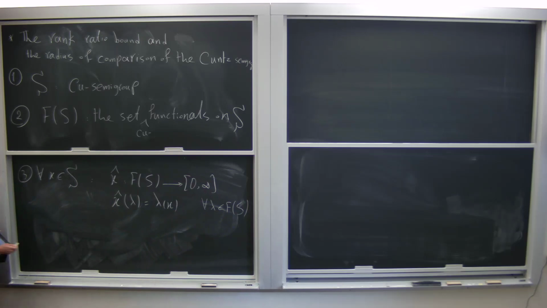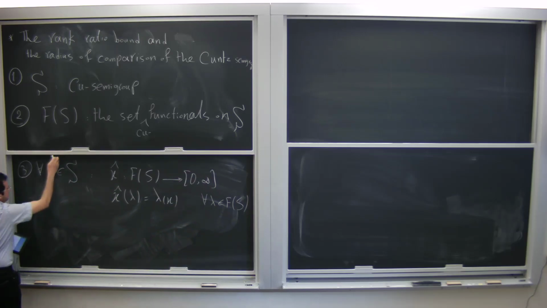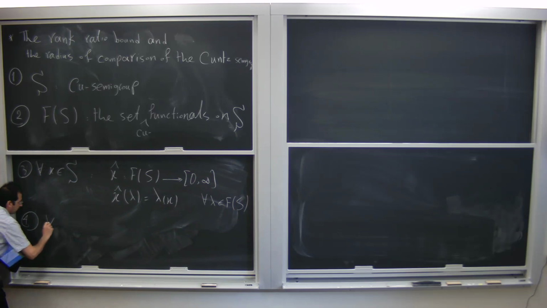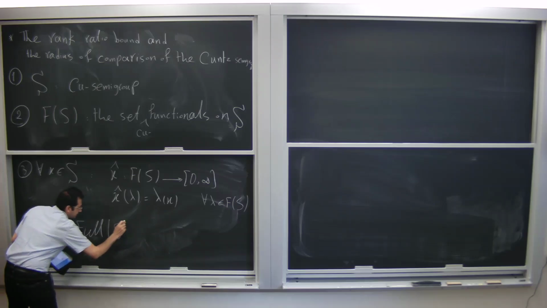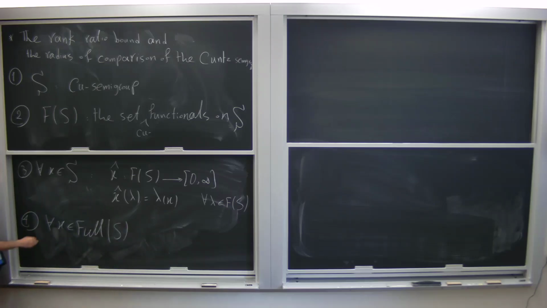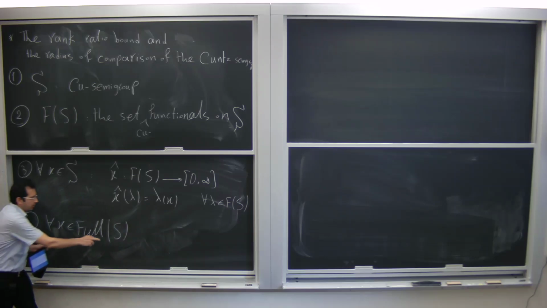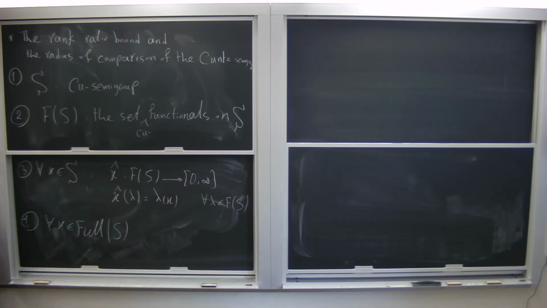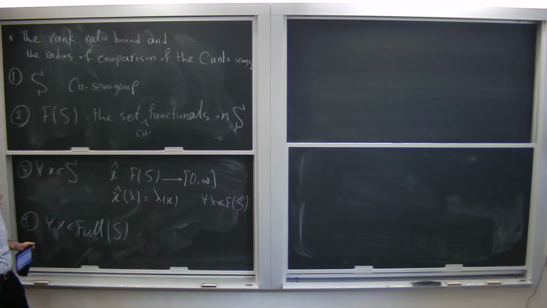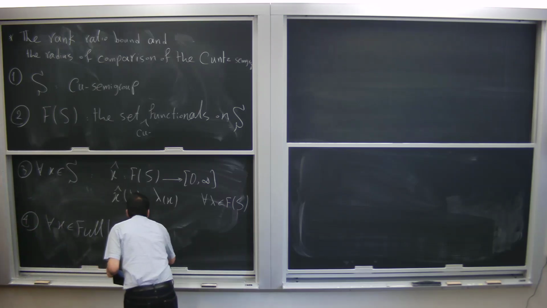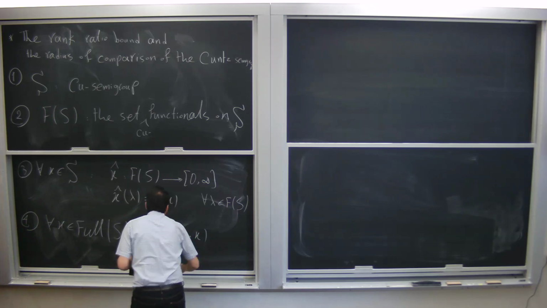The next one, number 4, is for any x a full element of S. Full means that the ideal generated by x is the whole of S. We will define something called the relative radius of comparison with respect to x, and we denote it RC of S and x.